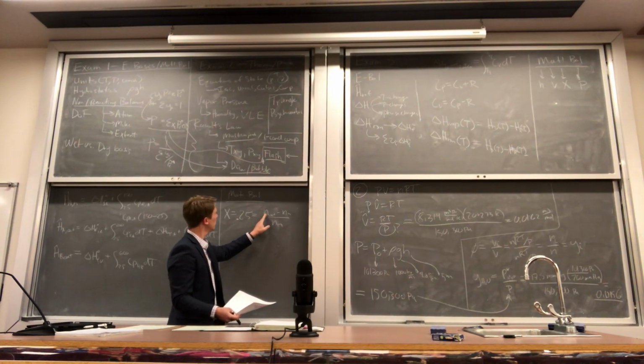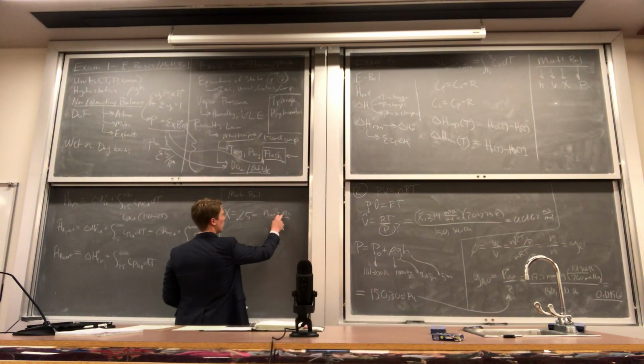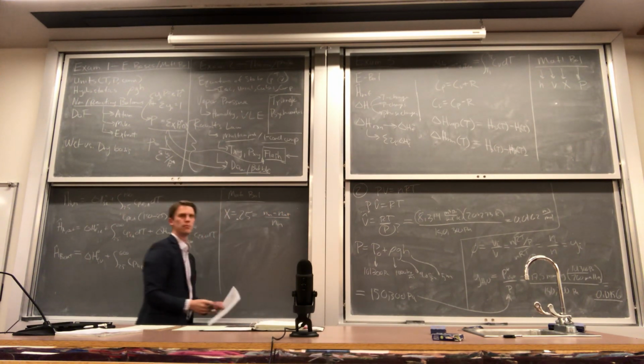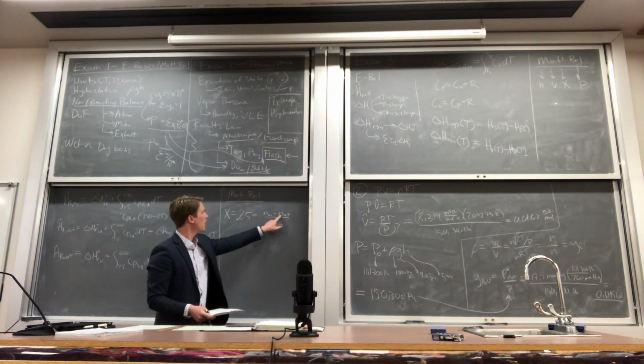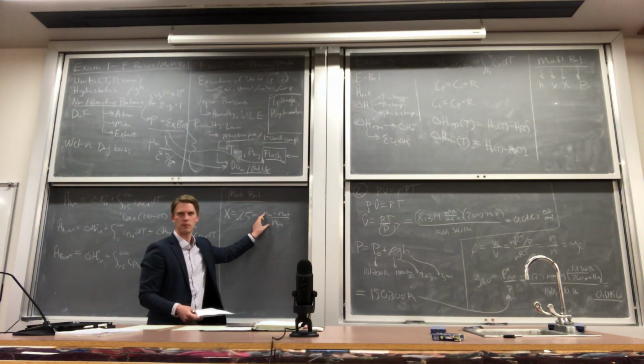Hold on a second. In minus out over in. If everything reacts, then there's nothing coming out, and a conversion is 100%, so this is backwards. It should be n in minus n out. Right? So that if nothing comes out, that means n in over n in gives me 1, and that's 100% conversion.